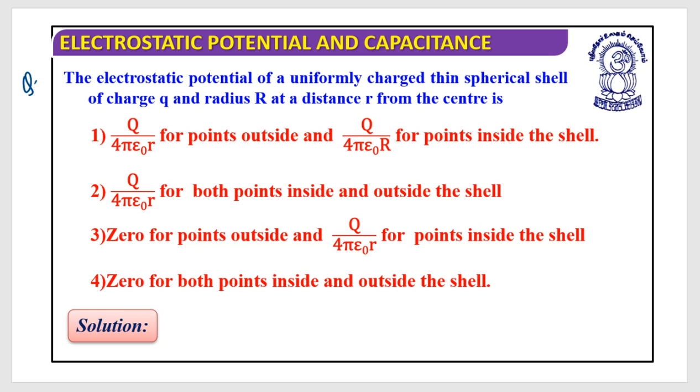This is the electrostatic potential of a uniformly charged thin spherical shell of charge q and radius R at a distance r from the center. Charge is q, radius is R, at a distance of r from the center.